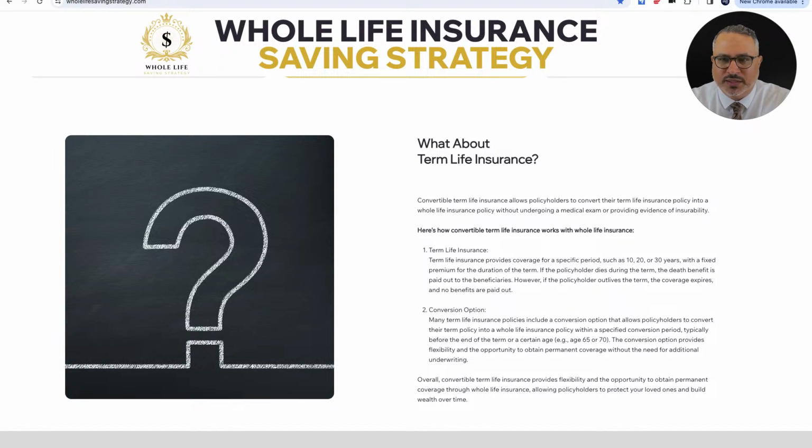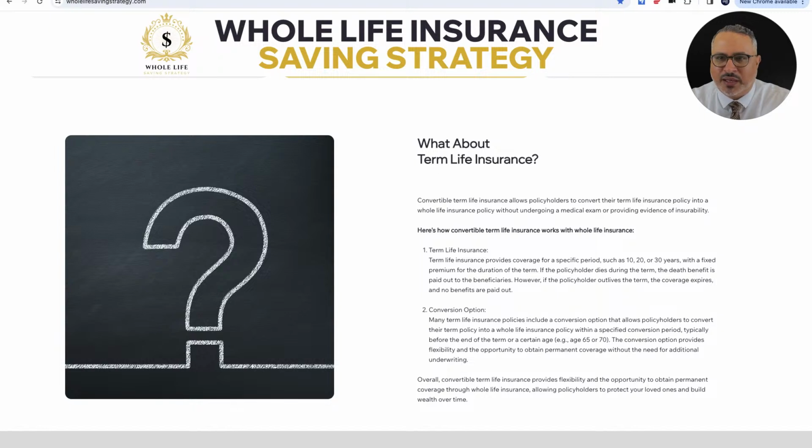So if your focus is to get the maximum death benefit for the least amount of dollars, or if you want to practice a whole life saving strategy but don't have the cash flow yet, and you want to lock in your current age and health, you can purchase a convertible term policy and later convert it into a whole life policy.